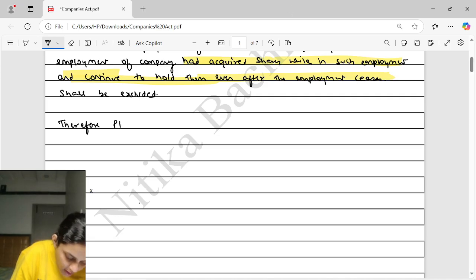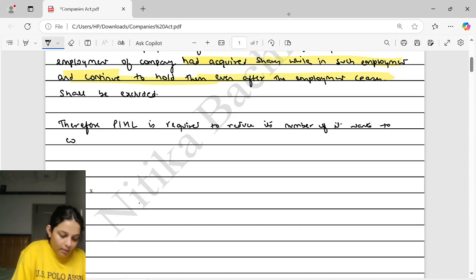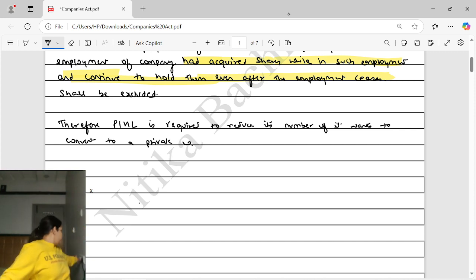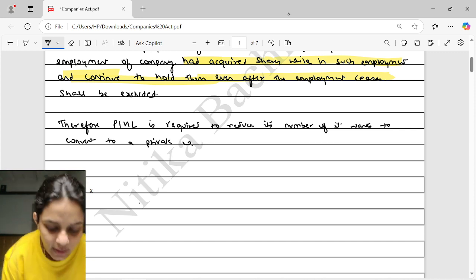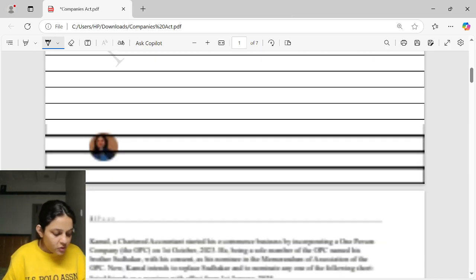Therefore, Prashant Infra Height Limited, please don't write these short forms in the exam, is required to reduce its number if it wants to convert to a private company. I hope it's clear to everyone. Yes? So, can we move forward to the next question?